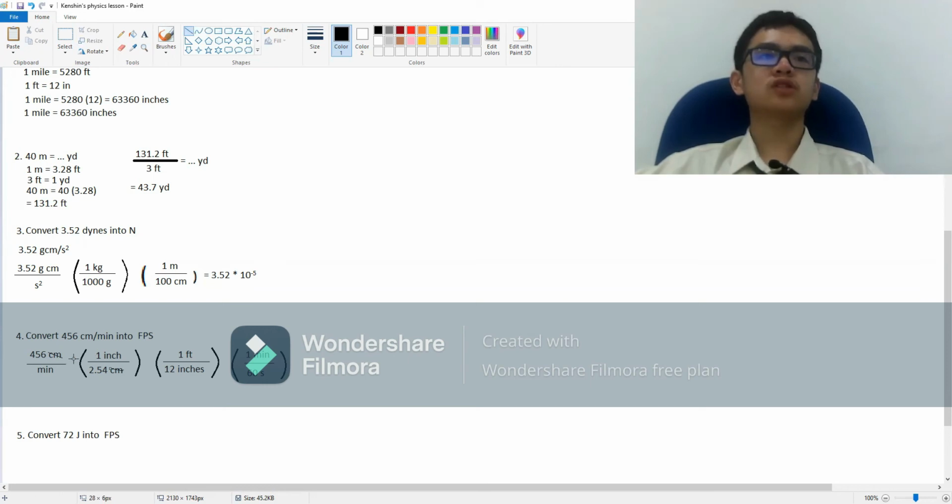So now you have 456 inches over 2.54. Then you want to get rid of inches and turn it into feet. Once again, inches here is at the top. So the next time you put 1 foot is equal to 12 inches at the bottom. So now inches will cross each other out. So now you have 456 over 2.54 over 12 feet.